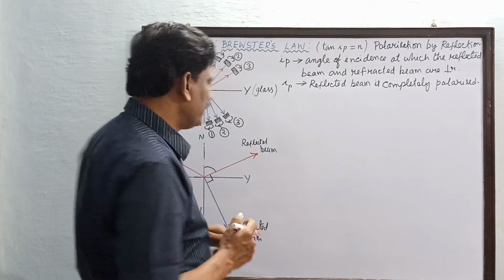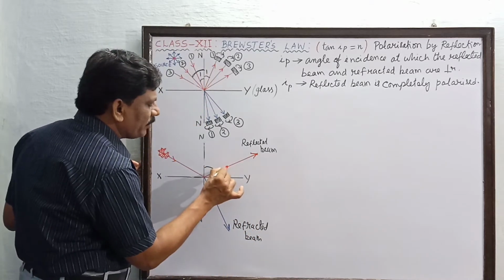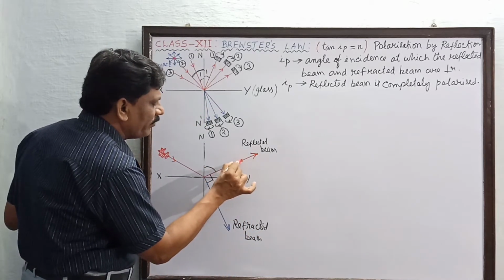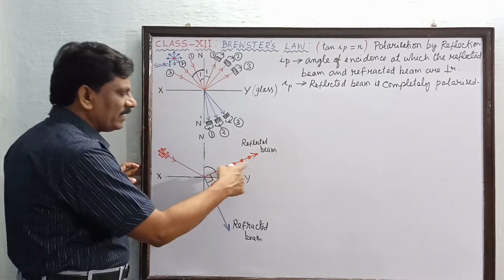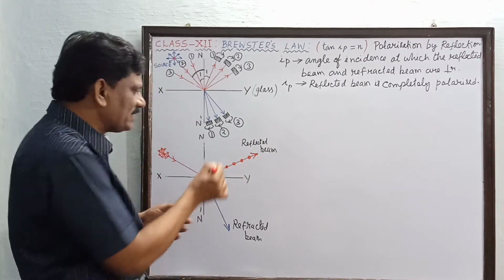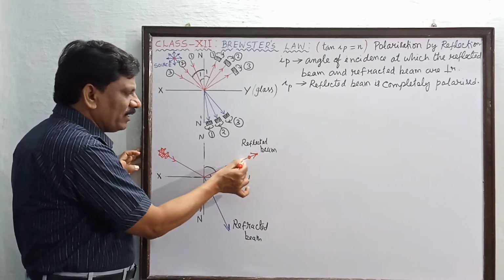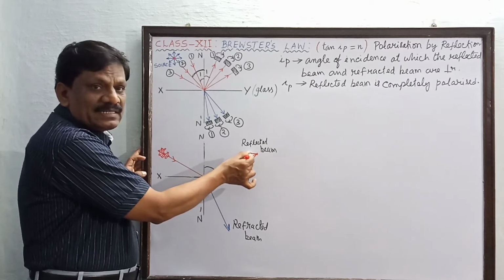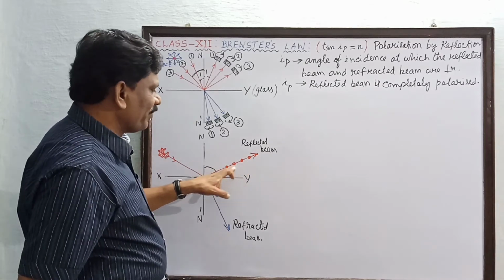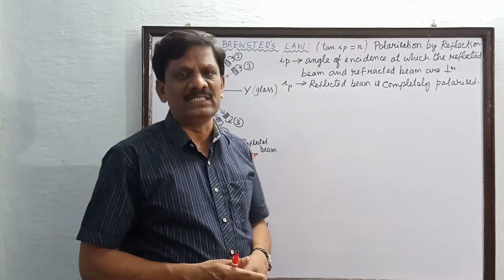But now you should be very careful that the components present in the reflected beam are the dot components. Dot components are what? They are perpendicular to the reflecting surface like this. Understand? So, these components must be dot components.